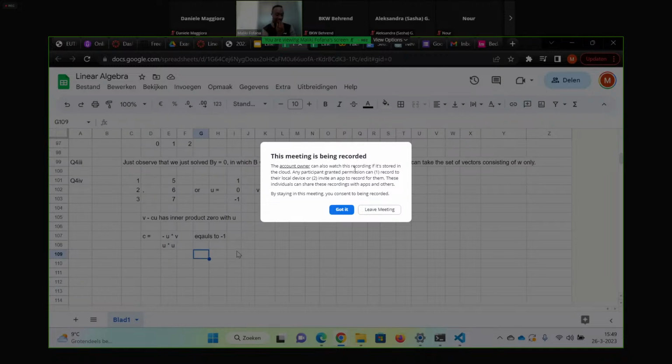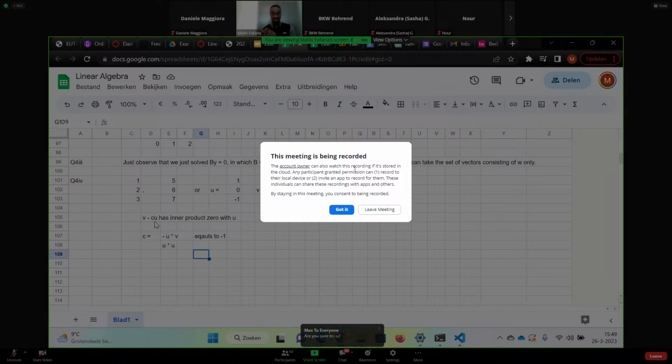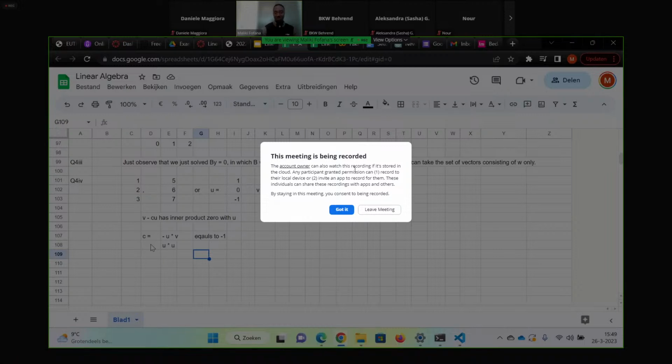So what we can do, we can take the U and V. If we have V minus CU, which I have here, it equals V plus U. If you see the answer with just the U and V, you'll be like, okay, that went very fast. Why? Because I'm just using the V and the U again.